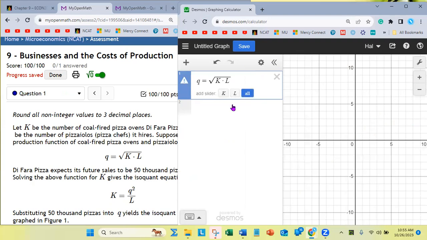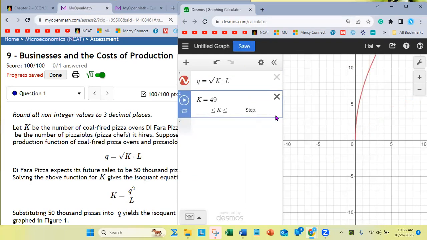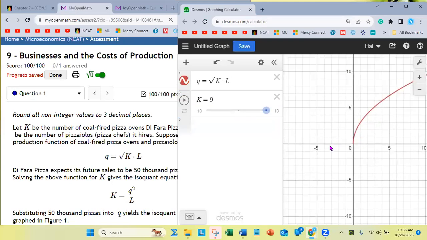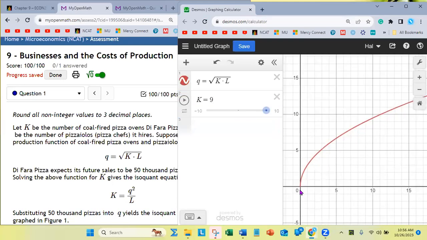I can't graph that because I have three variables here, and I got a two-dimensional space over here. So what I'm going to do is I'm going to hold capital constant. If I hold capital constant at 9, you can see that as I add laborers, output rises, but it does so at a decreasing rate, right?